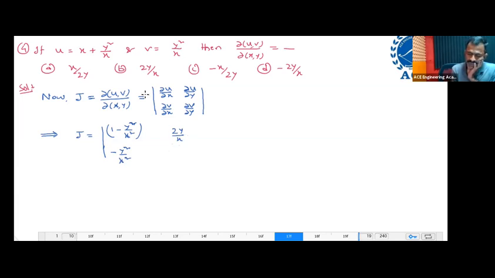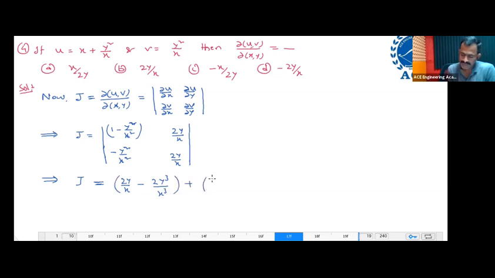Next, v with respect to y is 2y by x. Which implies j equal to product of diagonals minus product of non-diagonal elements. 2y by x minus 2y cube by x cube, minus minus plus, 2y cube divided by x cube.